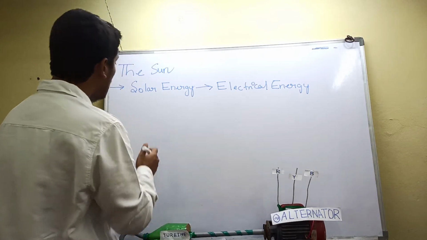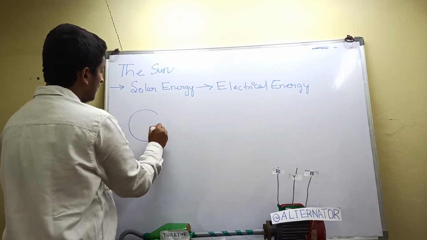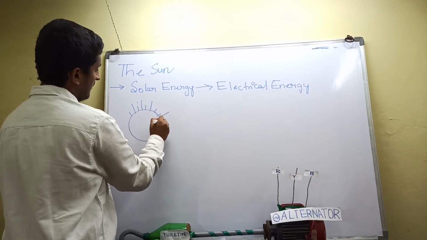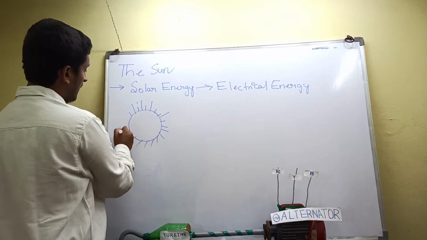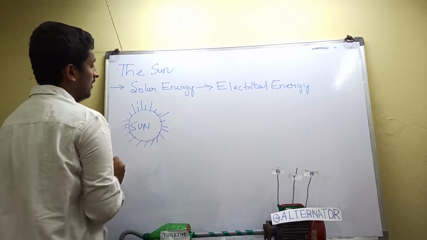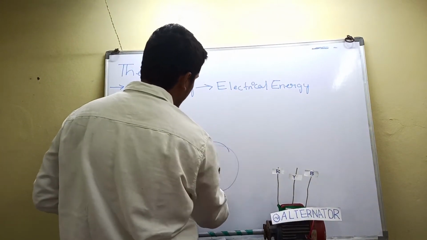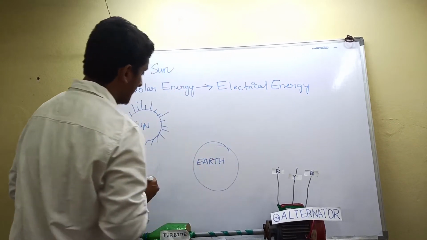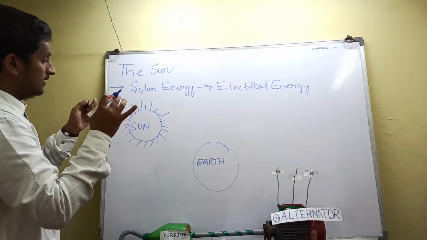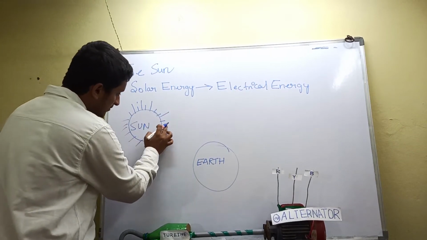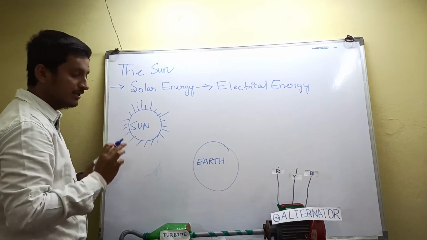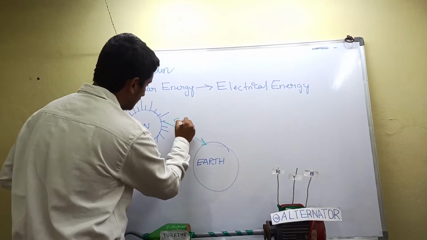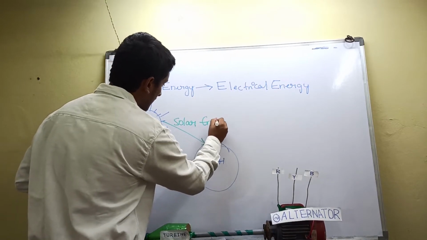Now, suppose if the sun is here and the earth is here, the energy which comes from the sun to the earth is called solar energy.